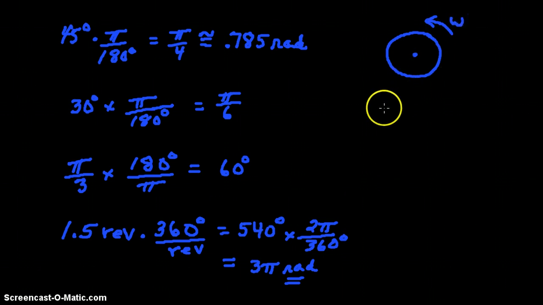So in a time delta t, it rotates through a distance delta s on here. I'll draw that. This is delta s, and it goes through an angle delta theta in that same time.